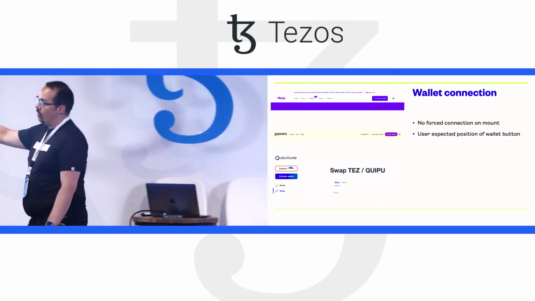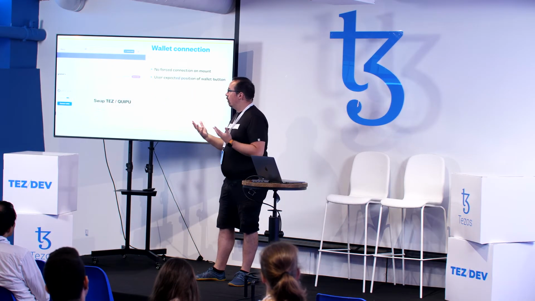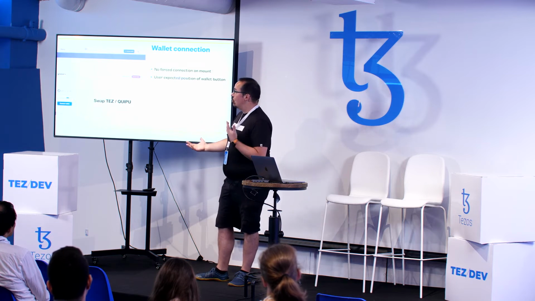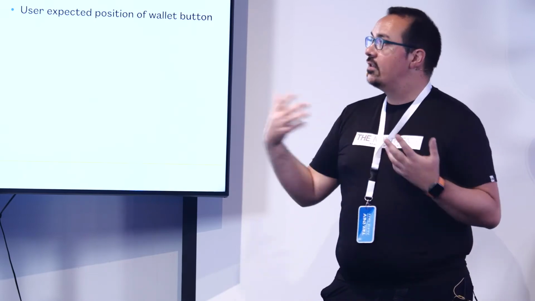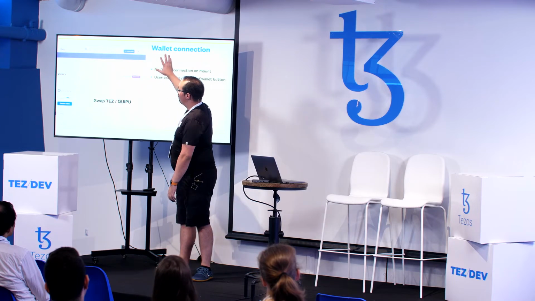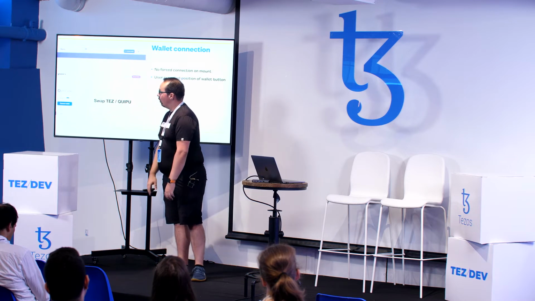Here I put 3 of the dApps that for me on Tezos have the cleanest interface: Plenty, Uves, and QuipuSwap. You see that the experience of connecting the wallet is very similar. On Plenty and Uves, you have a button at the top right, and on QuipuSwap, it's on the left.